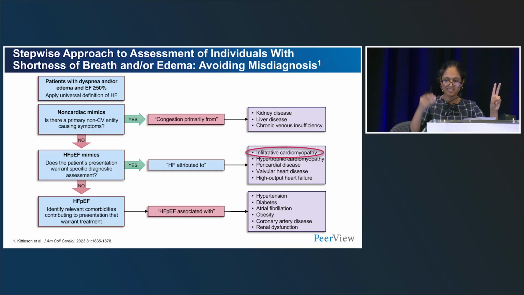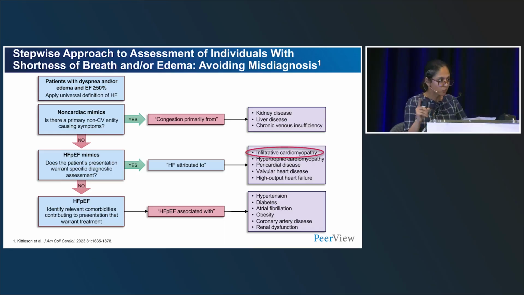If you're convinced that the dyspnea and edema and preserved ejection fraction is the heart's fault, then you have to ask yourself, is this garden variety HFpEF? Or is it a condition for which there is actually disease-modifying therapy, like HCM, pericardial disease, valvular disease, high-output heart failure, or most importantly, infiltrative cardiomyopathy like amyloidosis?